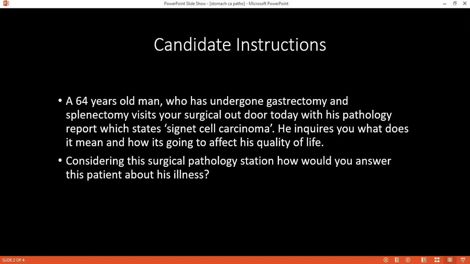Tubular adenocarcinoma, papillary adenocarcinoma, mucinous adenocarcinoma, and mixed adenocarcinoma. Okay, and there is leiomyosarcoma as well. Can you please tell me which paraneoplastic conditions are associated with gastric carcinoma?